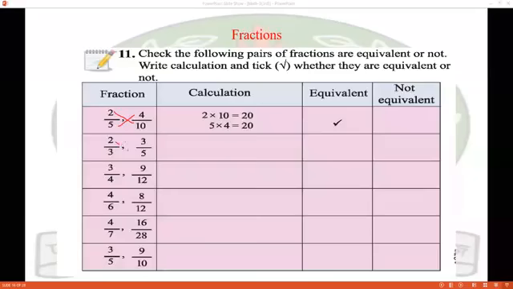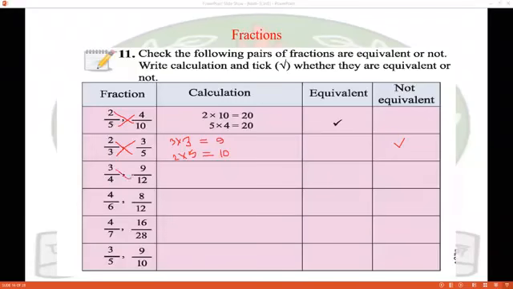Here we multiply. So at first 3 into 3, we get 9, and 2 into 5, we get 10. So not the same, so they are not equivalent.